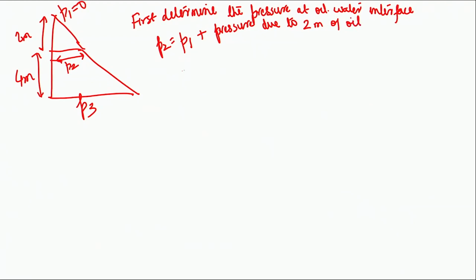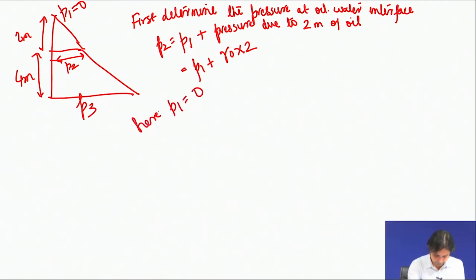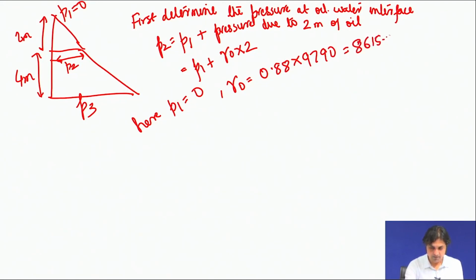Very nice. So P1 plus what is the pressure due to 2 meters of oil? Gamma naught into 2, correct. Here P1 is equal to 0, whereas gamma naught, the specific weight of the oil, is 0.88 specific gravity into 9790, that is 8615.2 Newton per meter cube, sorry, not per meter square.